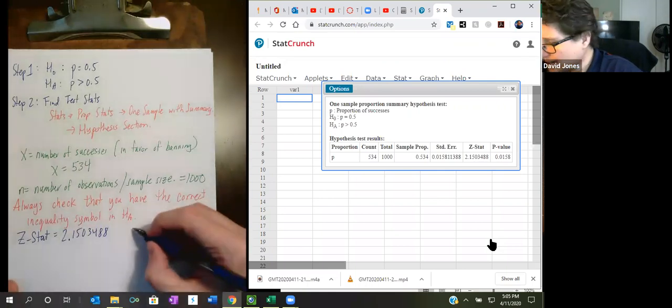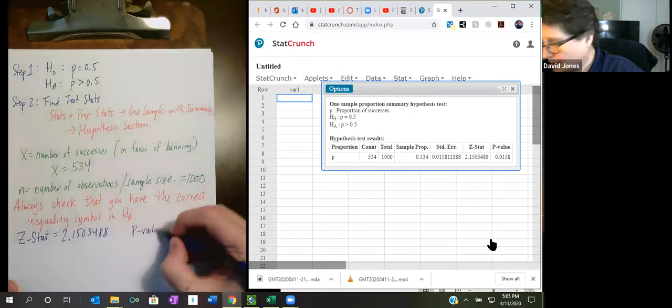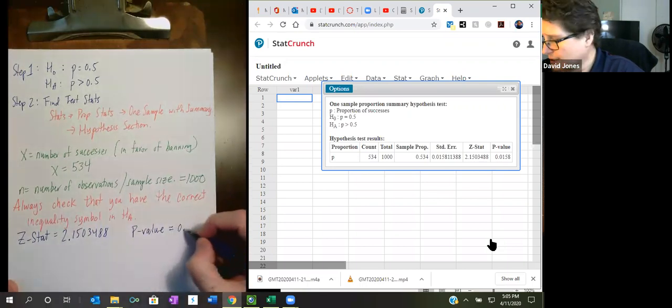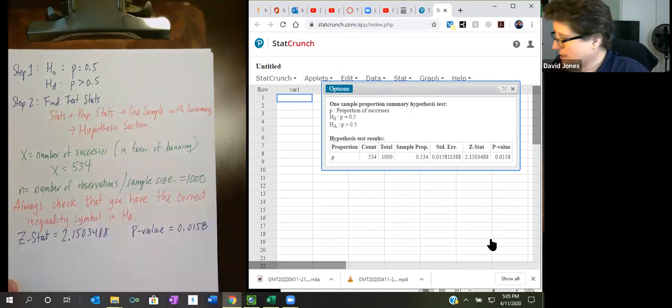We also need the p-value. The p-value, it tells us, is 0.0158. You see that standard error?